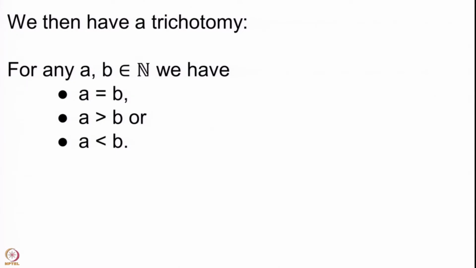You can subtract any element of Z from any other element of Z, which means that if you take two natural numbers, their difference can either be a natural number, the negative of a natural number, or 0. It may happen that you take two elements to be the same. You may take 600 and subtract 20 times 30 from 600. So, this is trichotomy.